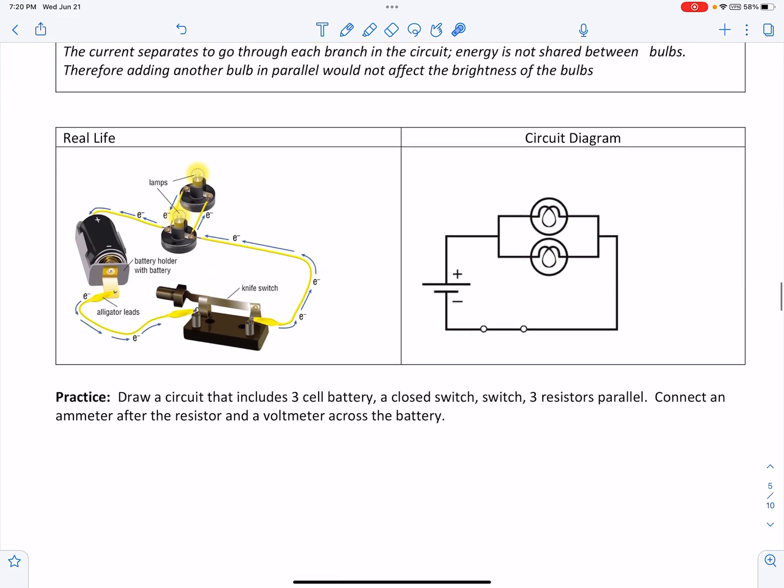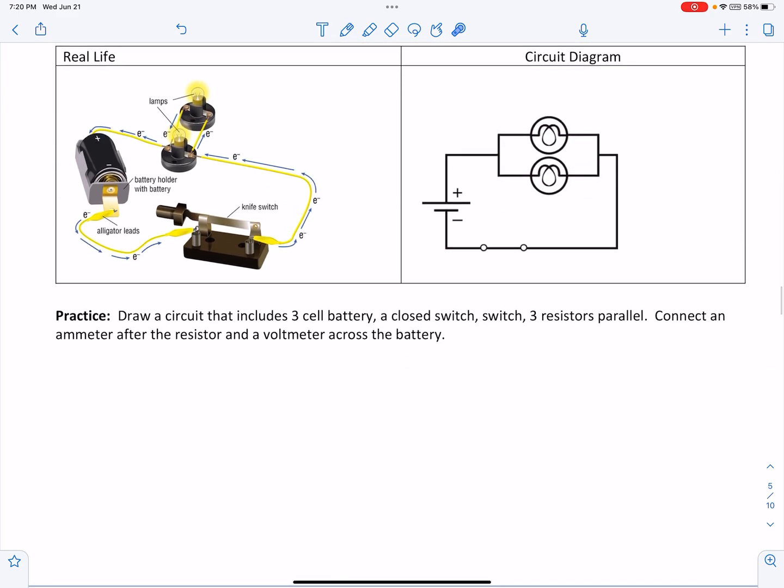We're going to try to draw our own circuit. This one contains a 3-cell battery. 1, 2, 3. I'm going to label the big side positive and the small side negative. They'll be connected to a closed switch. And 3 resistors in parallel.